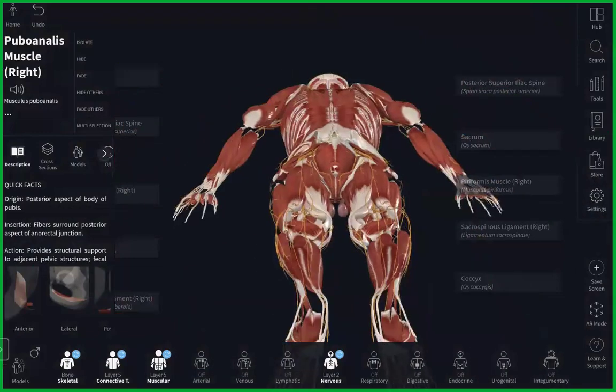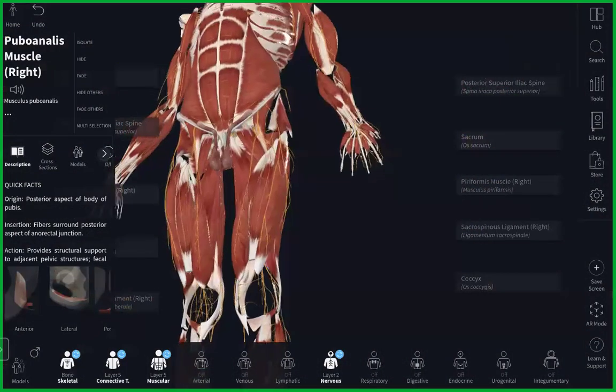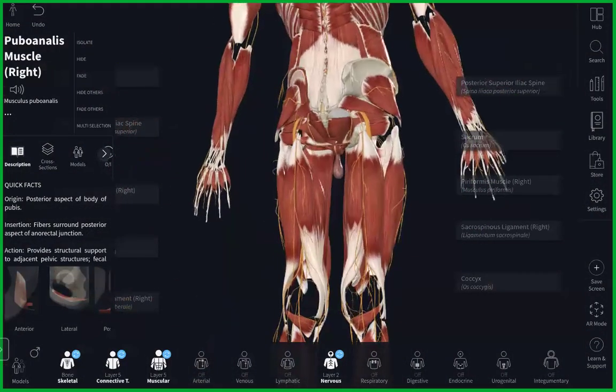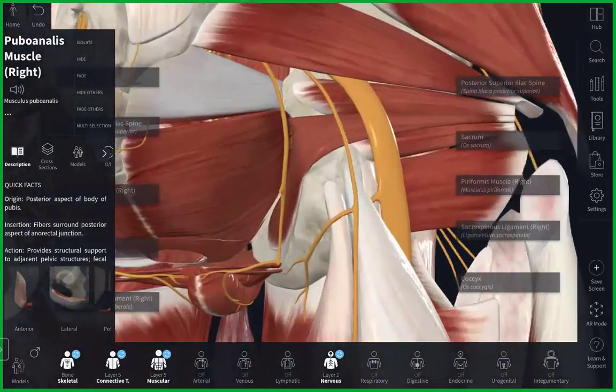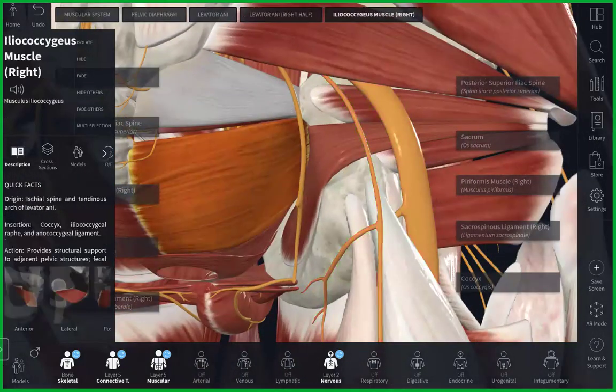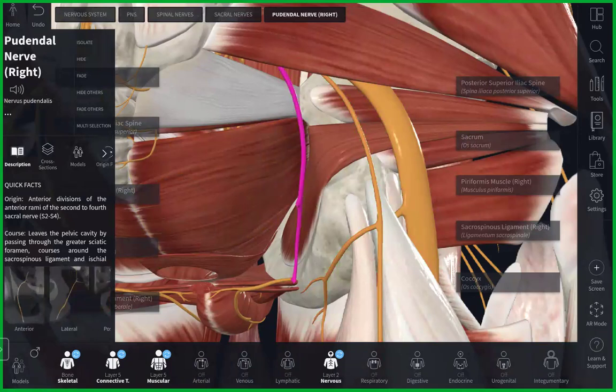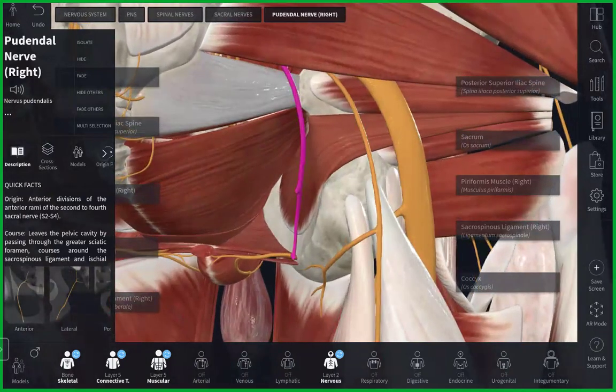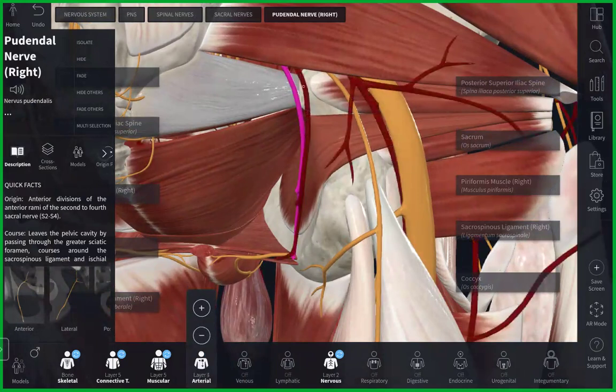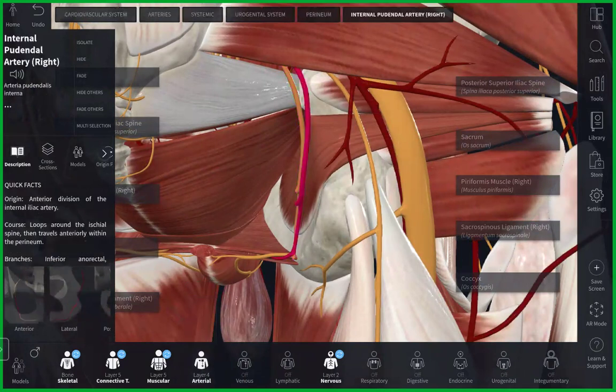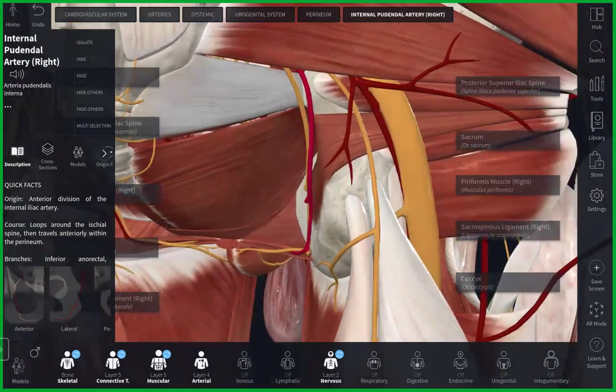Then we were saying sciatic nerve, posterior femoral cutaneous nerve, then pudendal nerve. Then we have the internal pudendal artery.